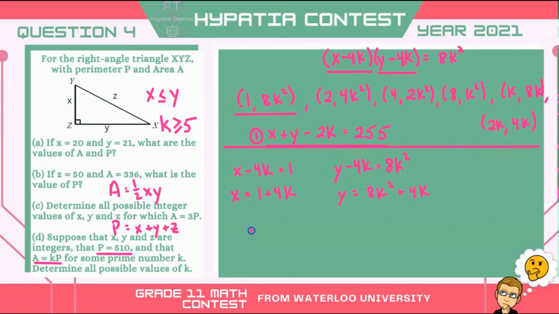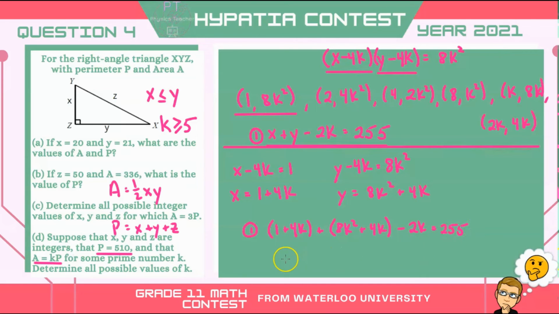Then what we get from equation 1 is 1 plus 4k plus y, which is 8k squared plus 4k minus 2k, which is equal to 255.